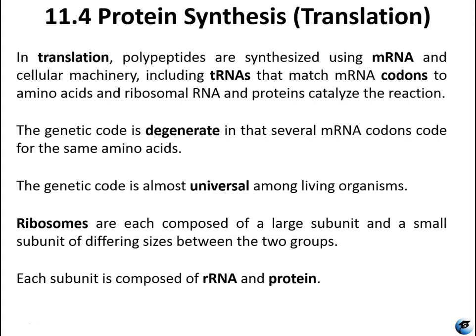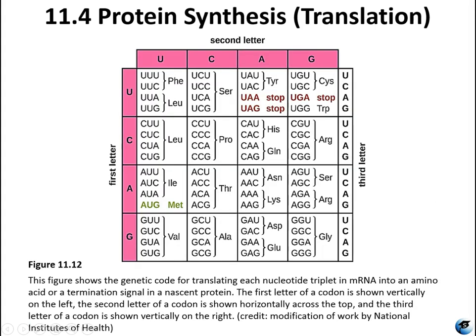Ribosomes are composed of a large subunit and a small subunit, and we saw that already earlier in this presentation. They have different sizes between the different groups, and each subunit in the ribosome contains a ribosomal RNA and a protein. This is figure 11.12, and this is showing the genetic code for translating nucleotides that are in triplets.